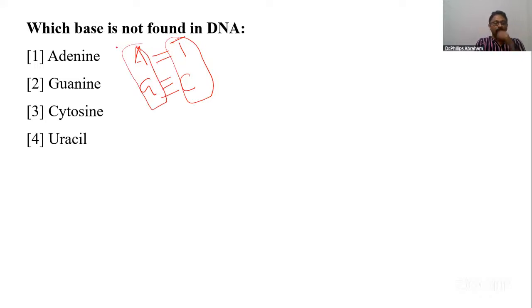Now the answer is here. Here we have uracil. Uracil is present in RNA. You know that. That's the simplest question. DNA structure, as you know, is a double-stranded helical structure. Watson and Crick model.